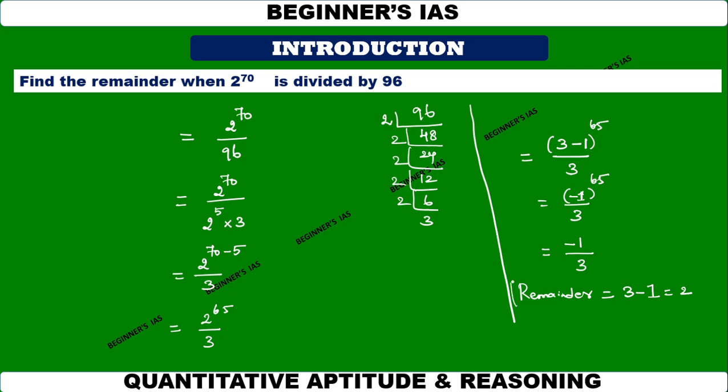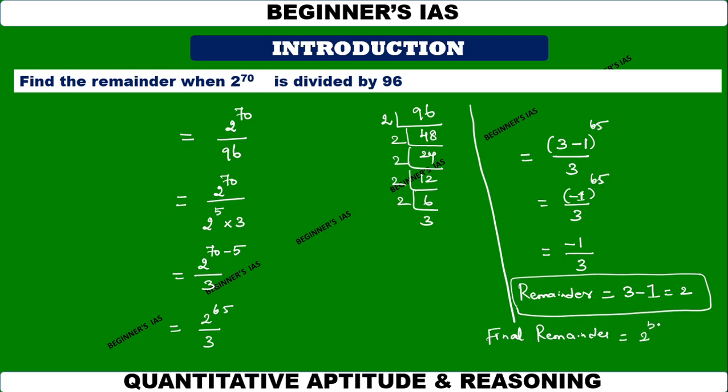Be sure about that. This is not the final remainder. Why is it not the final remainder? Since we have adjusted the base of 2, what is the final remainder? That is very, very important. To identify the final remainder, what do you need to do? We have adjusted with a 2 power 5. That is very, very important.